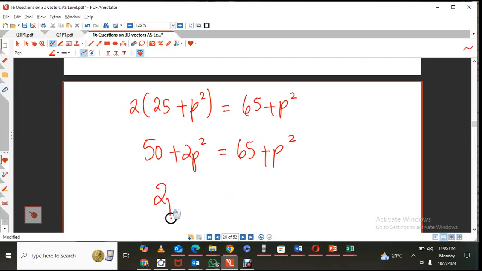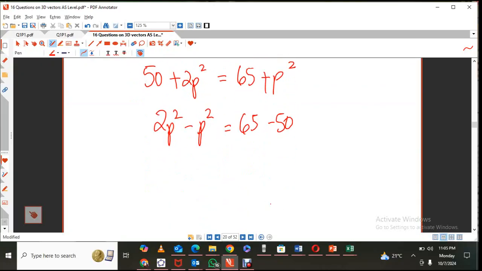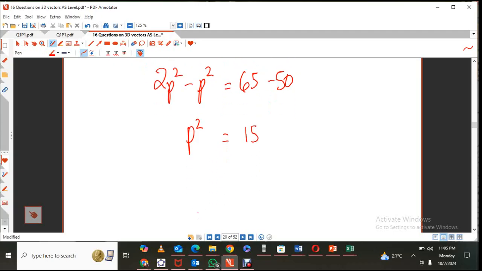Then I have 2P squared minus P squared equals 65 take away 50. That leaves me with P squared equals 15. Then P will equal the square root of 15. So P has got two answers, positive and negative square root of 15.